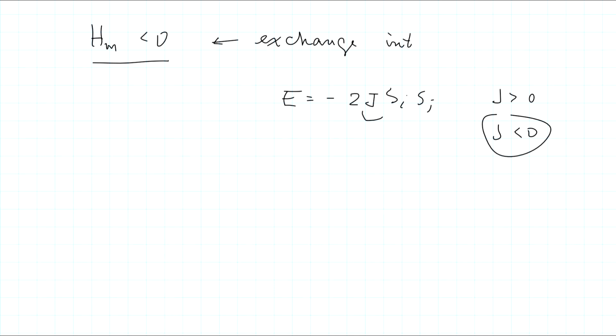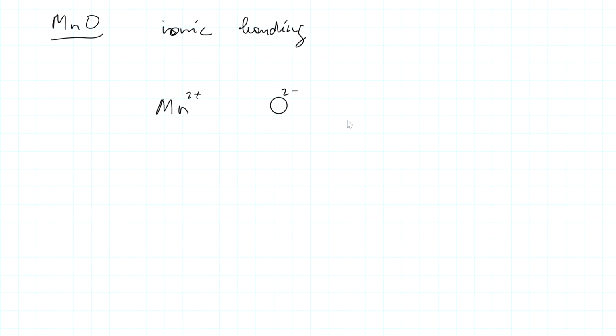Now the last thing I would like to talk about is a very interesting case of exchange interaction in manganese oxide. Manganese oxide has ionic bonding. For ionic bonding, it means that we have manganese 2+, we have O 2-, we have another manganese 2+.